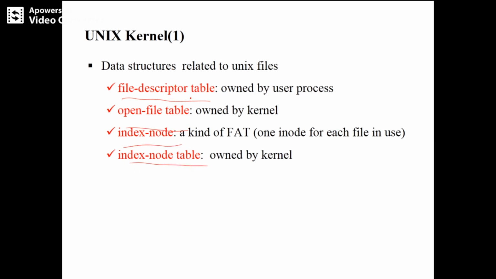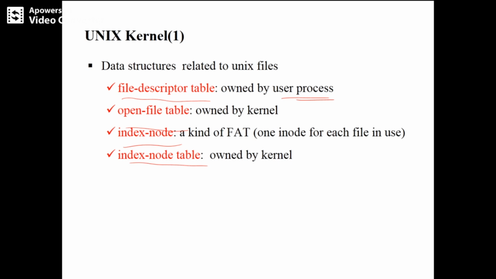The file descriptor table is owned by the user process. We have already seen it in our organization of disk. Each and every file in your Unix system has its own file descriptor, and that value will be stored in the file descriptor table.